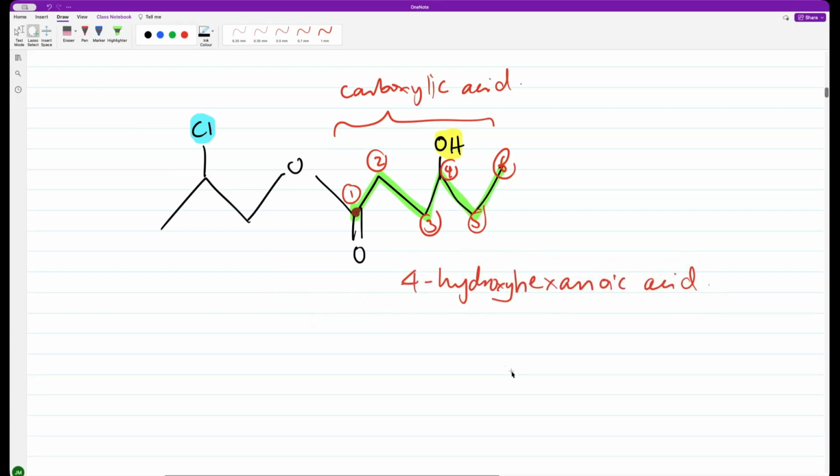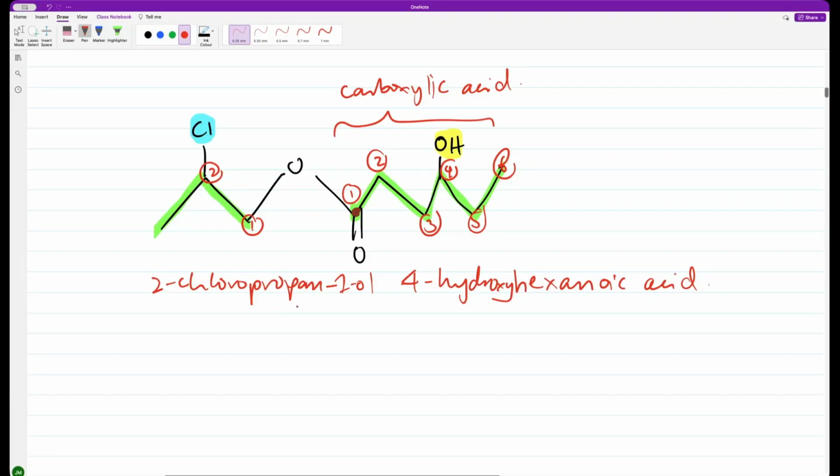All right. Now the other side, well, we've got 1, 2, 3. And there's a chlorine on carbon number 2. Remember, this is carbon number 1. So this would be 2-chloro-propan-1-ol.